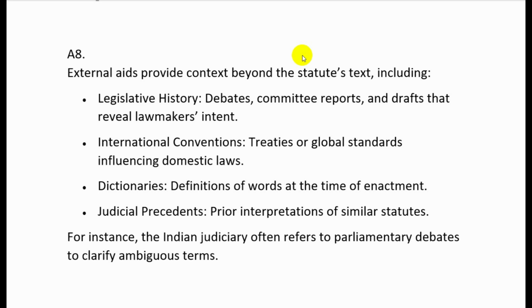Then we can also refer to the definitions of the words used in the statute through the definitions used in dictionaries. Also, we can use past judicial precedents, that is, the prior interpretations of similar statutes, how the laws or the statutes were used in prior cases, how they were interpreted. For instance, the Indian judiciary often refers to parliamentary debates to clarify ambiguous terms.